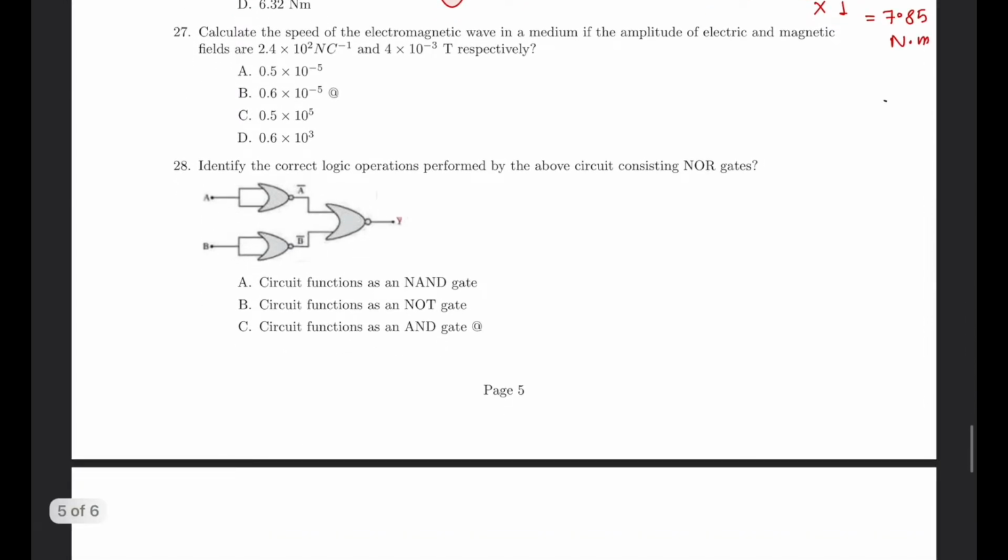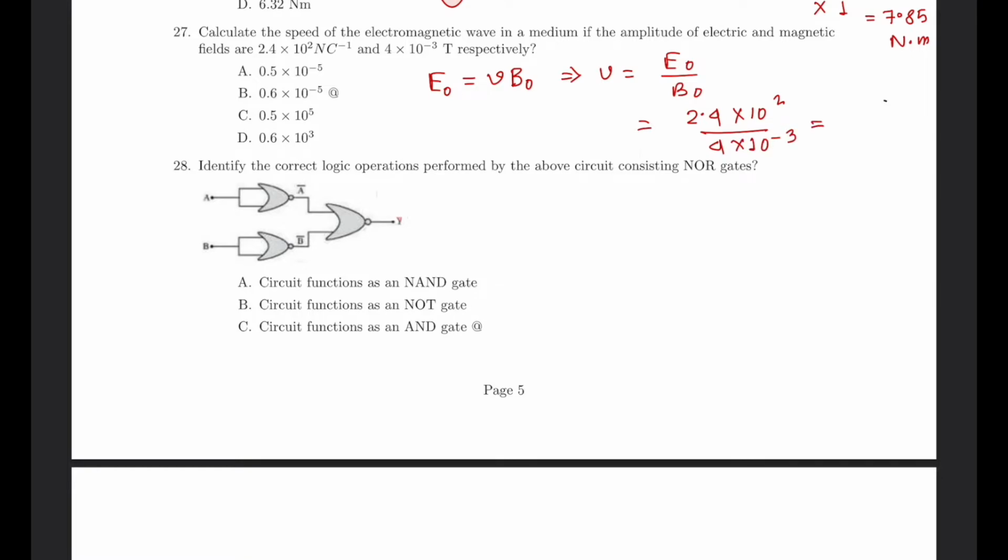Calculate the speed of the electromagnetic wave in a medium if the amplitudes of the electric and magnetic fields are given. As we know, the electric field is the velocity of light in that medium times the magnetic field. So velocity is E0 by B0, which is 2.4 into 10 to the 2 divided by 4 into 10 to the minus 3.